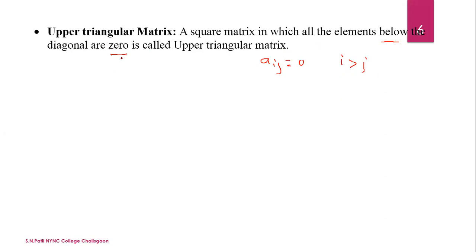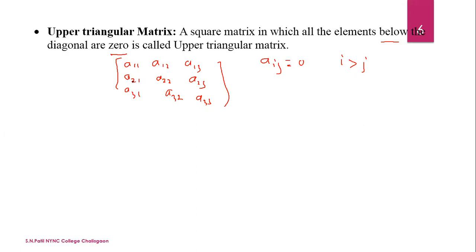Okay, see, A11, A12, A13, A21, A22, A23, A31, A32, A33. What is the condition? If i is strictly greater than j, then its value is 0.